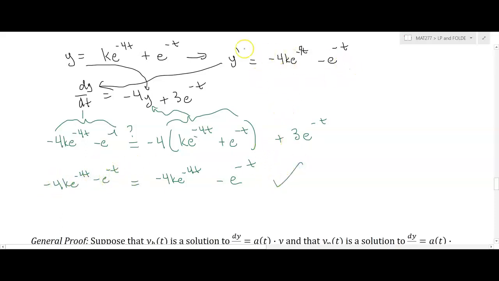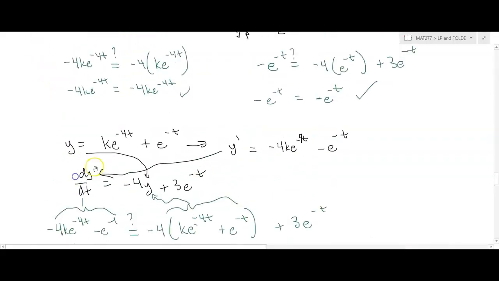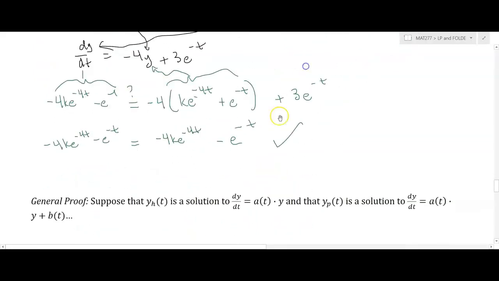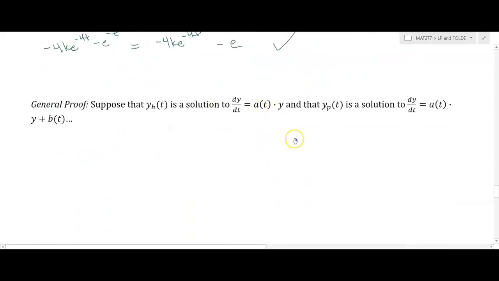Therefore, I have proven that the particular solution, which is e to the negative t, to the non-homogeneous case, added to the solution for the homogeneous reduction, forms a solution that's general for the entire differential equation. Let's see that this works.